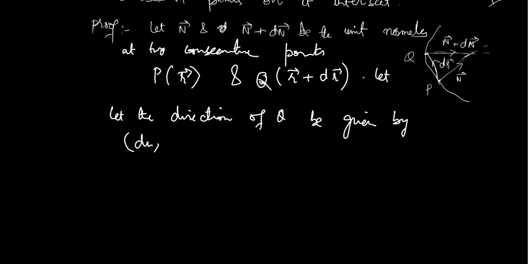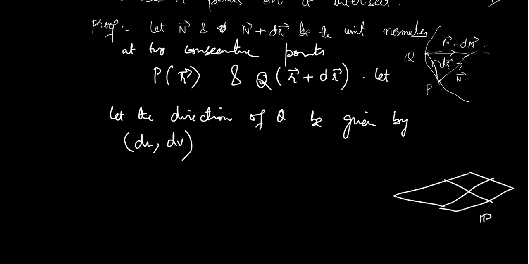Now I hope you understand what I'm trying to say. Now I have got what I call my parameter space. There's u going here and v, not necessarily, think of it, this is my domain, some patch of it, and then I have a surface. I have mapped this domain into some points here. Now I have a point P and a point Q on the surface. So there would be some change in the increments.